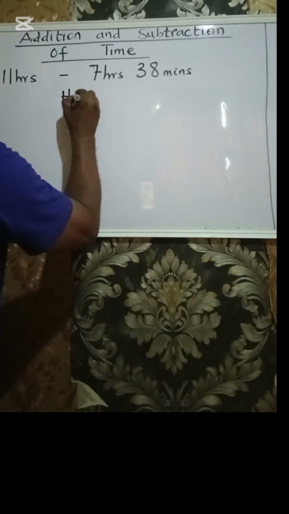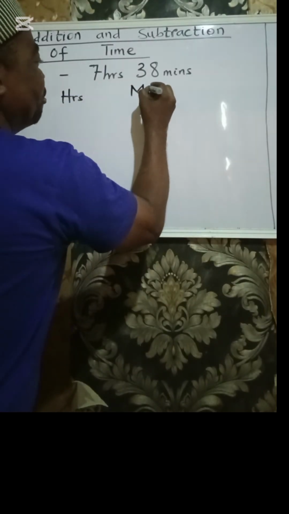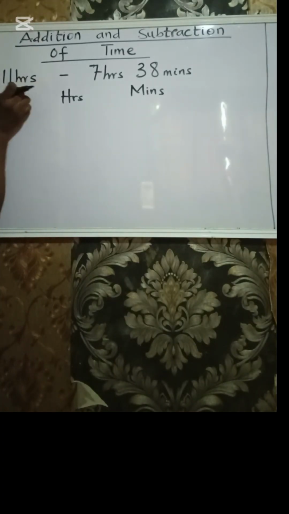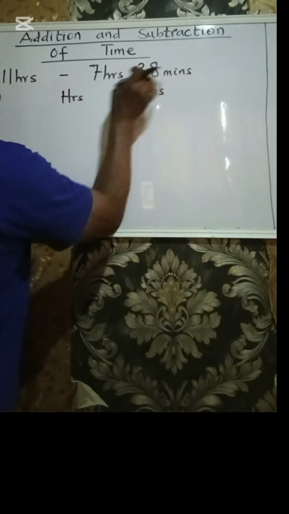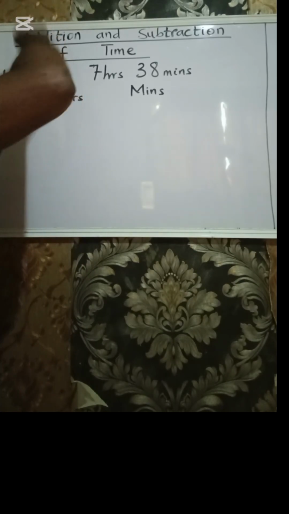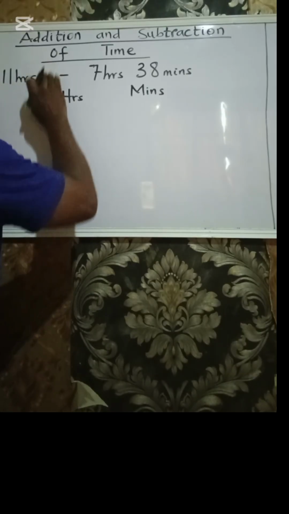Okay, let's look at this one. We have hours and minutes. Now this is the first term here, and this is another term here. Now this gives us the demarcation, the bridge. Now this is 11 hours, no minutes.